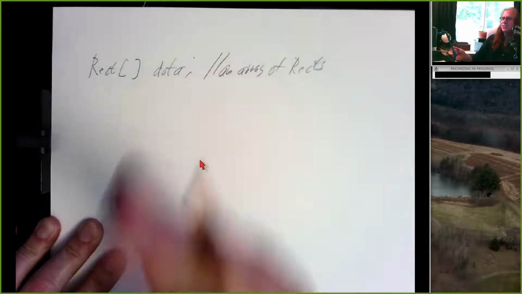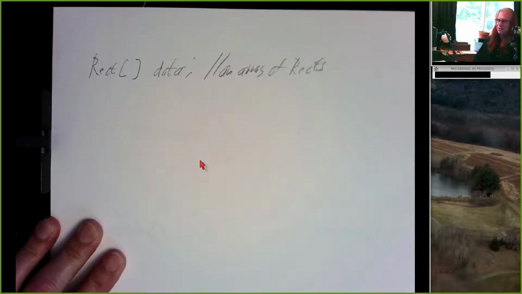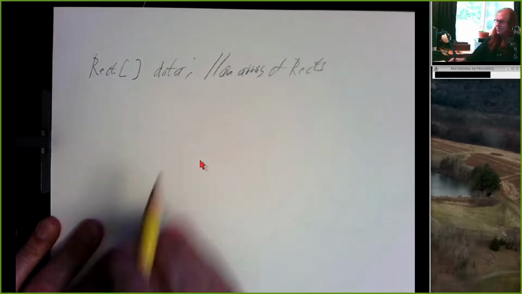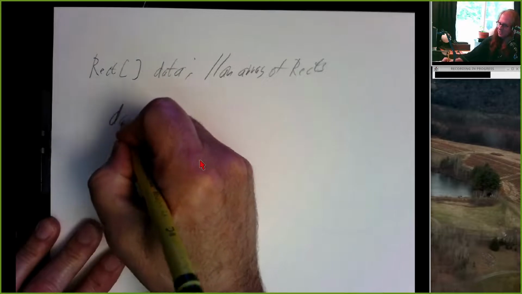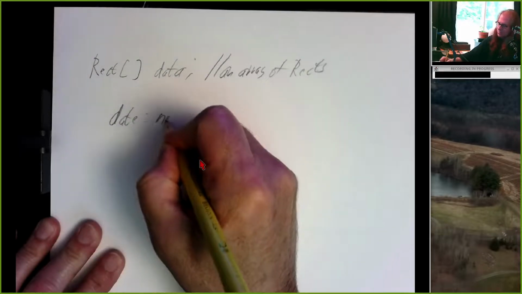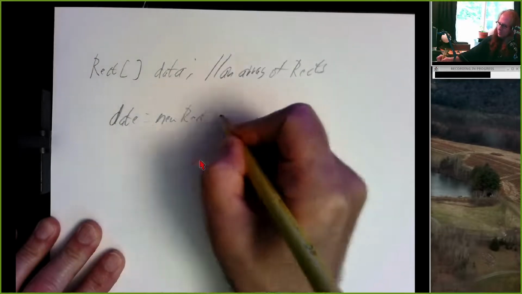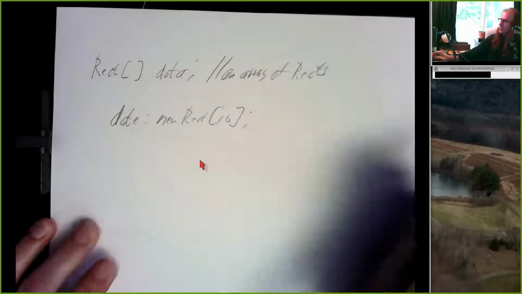But if I try to say data bracket 0, I'm going to get an error. Right? I've declared this, but I haven't given it an actual value. I haven't constructed it. And so I need to say something like data equals new Rect bracket 10.